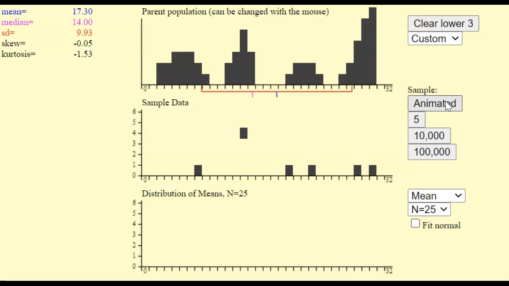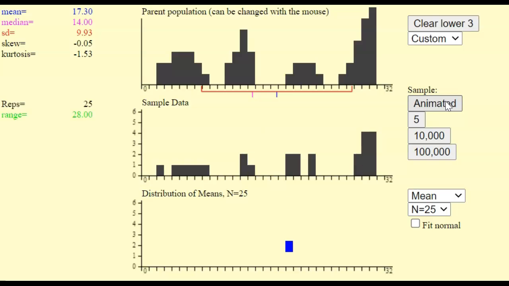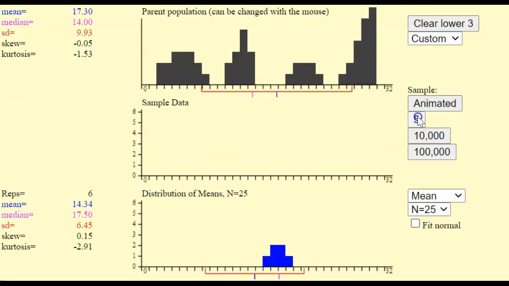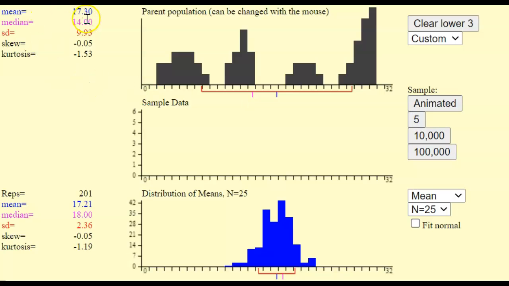I take a sample of 25, and that's my mean. I'm going to do this 5 times. Notice what happens now. Let's see what the shape ends up being. By the way, the population mean was 17.3 and the standard deviation was 9.93.